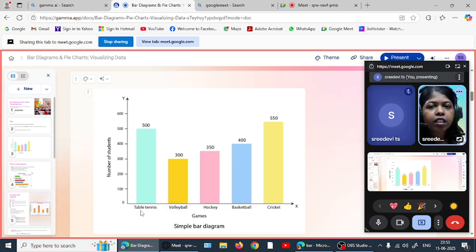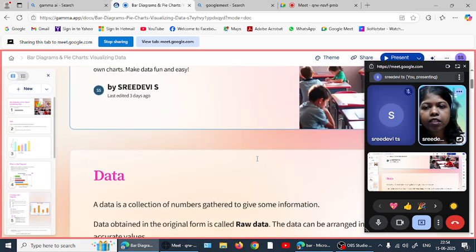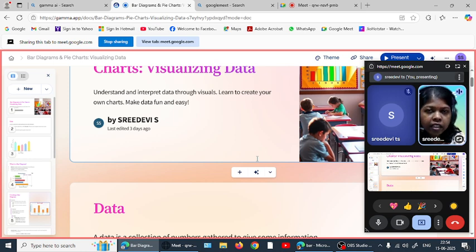That means it is drawn based on a survey. We got different opinions from the people, so the values are different, and we drew a chart. So to understand and interpret data through visuals, we use bar graphs and pie charts.